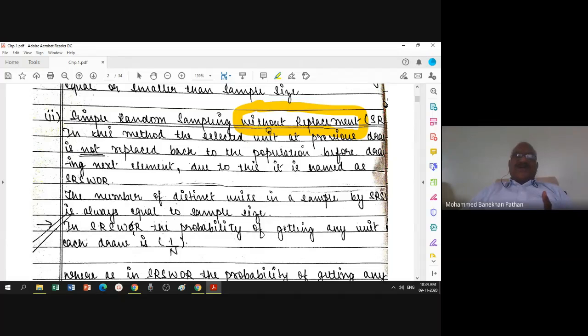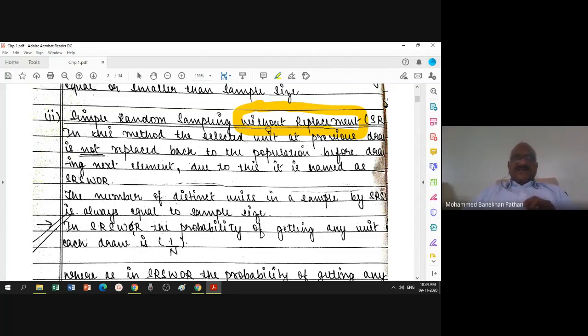Under with replacement, for every draw, the population size remains fixed. Whereas for without replacement, in the first draw the population is capital N, in the second draw the population becomes N minus 1, in the third draw the population becomes N minus 2. So for every draw, the population size gets reduced by one element. That is the basic difference between with replacement and without replacement.